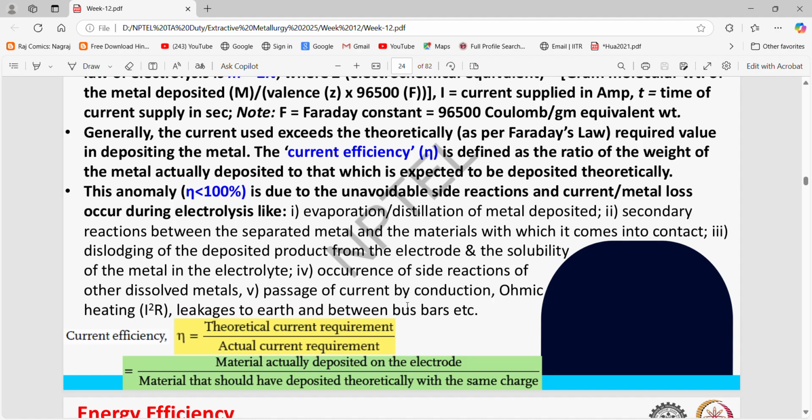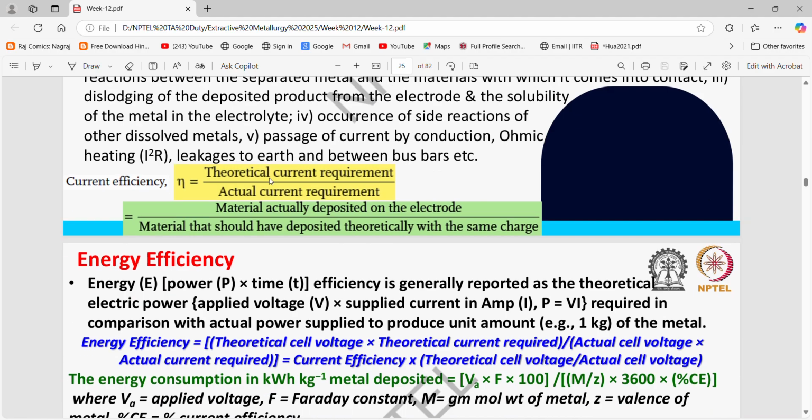So we always have to apply more current compared to the theoretical current requirement for proper metal deposition during electrolytic deposition processes. So eta equals theoretical current requirement divided by actual current requirement.